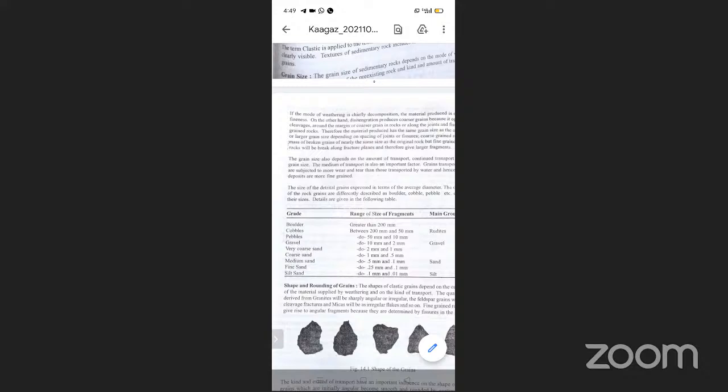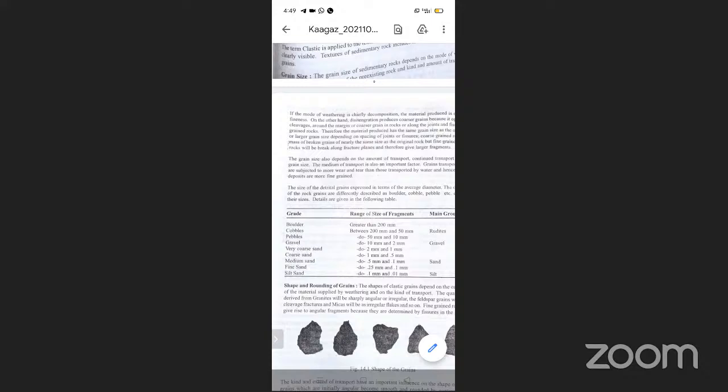Very coarse sand is 1 mm to 2 mm. Coarse sand is from 0.5 mm to 1 mm. Medium sand is 0.1 mm to 0.5 mm. Fine sand is 0.1 mm to 0.25 mm. Silt is 0.01 mm to 0.1 mm, and it is considered as the silt group.